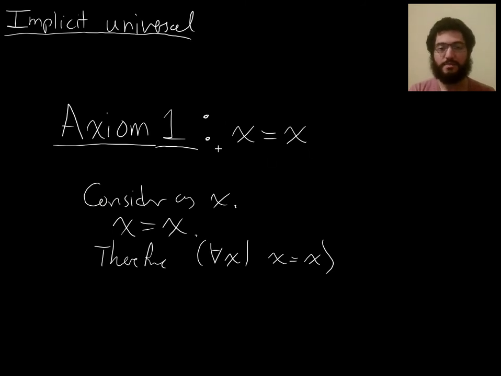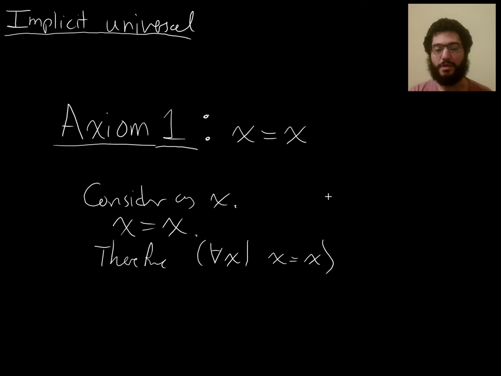So since the axiom says X equals X without requiring any external assumptions about X, it's just a standalone statement that we accept as true, we can generalize and say, okay, this is actually saying everything equals itself. And that is why the universal quantifier could be tacked on, and if it's omitted, then you can always put it on. It's because you're just one universal generalization argument away from putting it on.